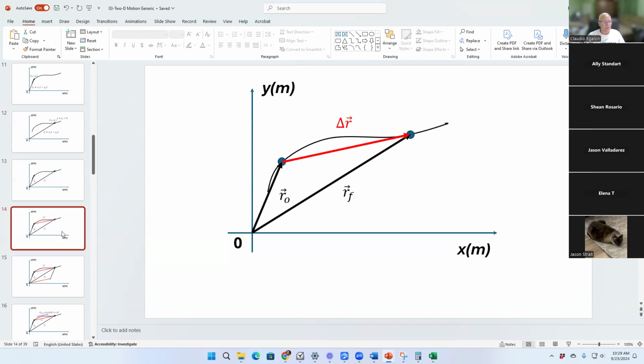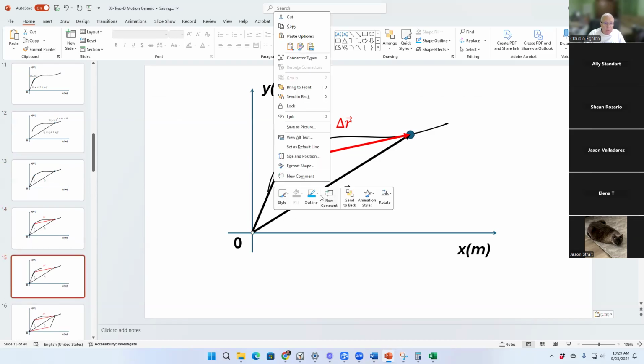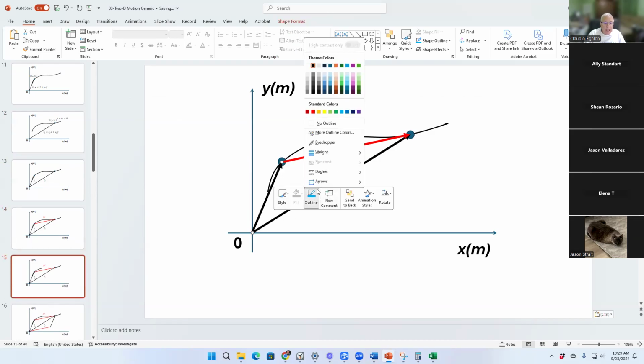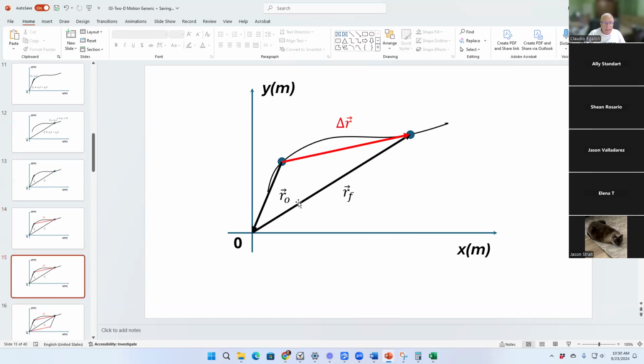What you see there is the R naught, but then I'm going to draw the minus R naught like the following. R f plus minus R naught goes from the tail of one vector to the head of the other.